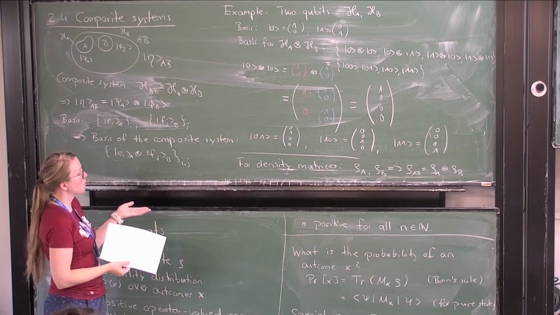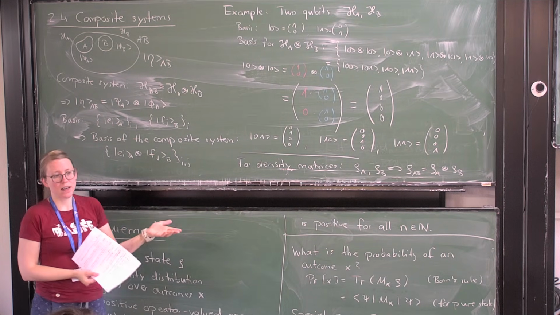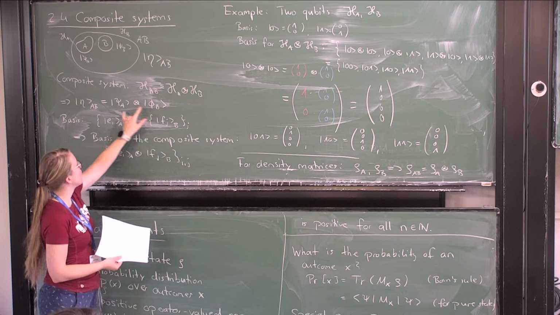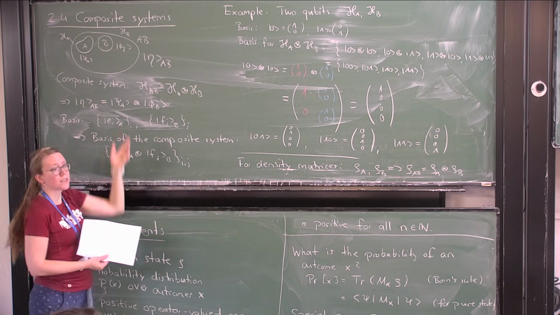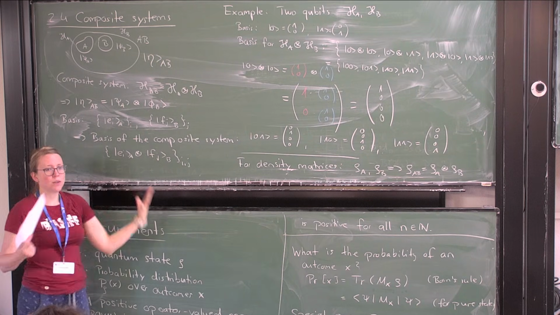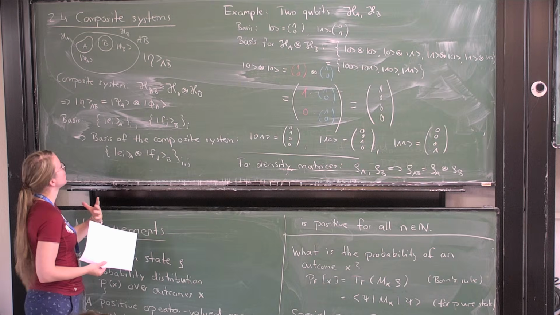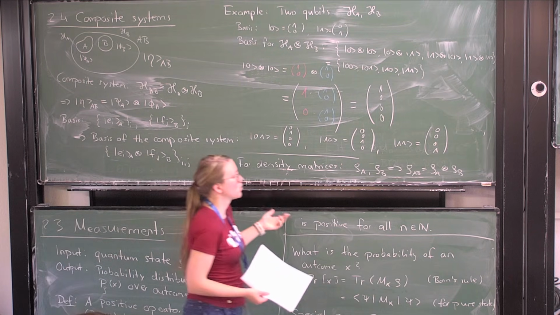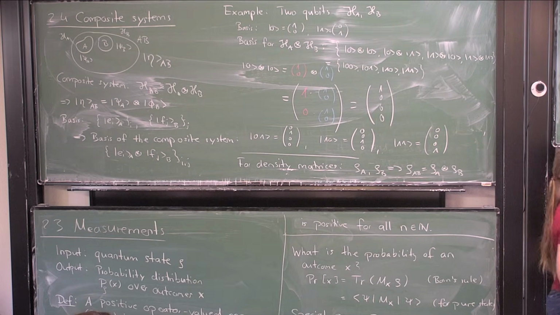But the fun part about this is that there are more states than product states. There are states that you cannot simply write as a product of two individual states of these systems, but they have a more general form, and in particular they capture more general correlations between the quantum systems. And that's where a lot of the fun applications of quantum information theory come from.